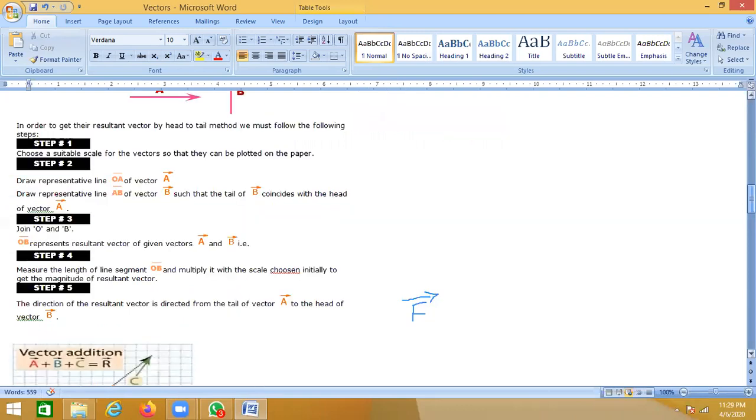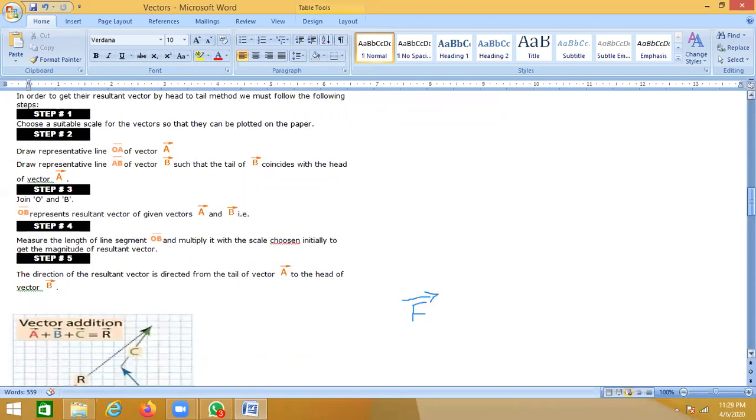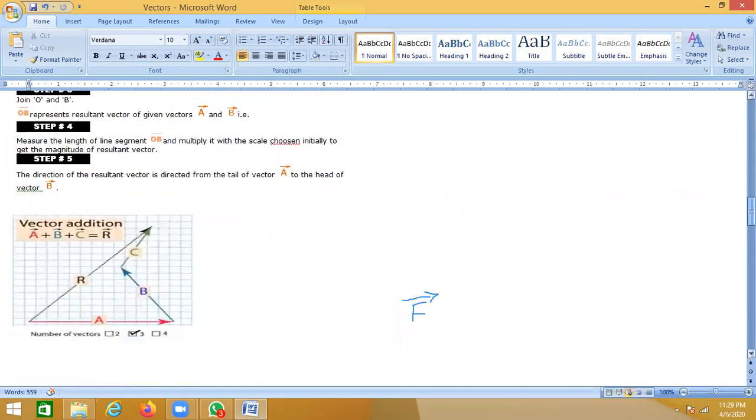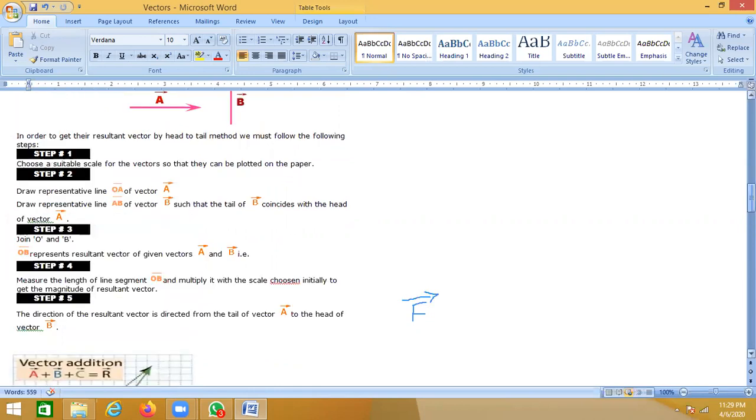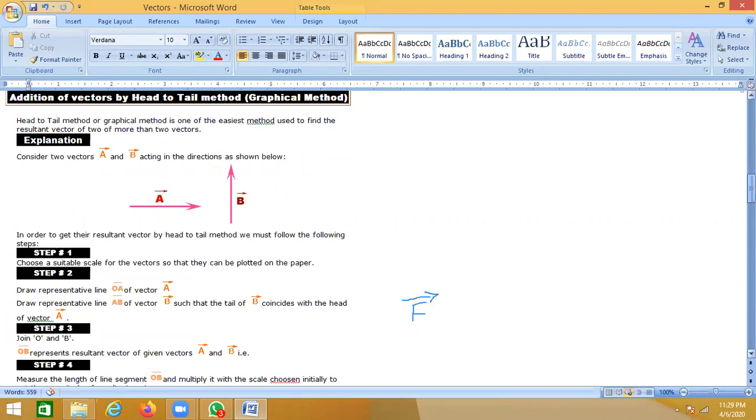So this can be done with the help of this diagram also. And further, basically what we do in this method, suppose there are two vectors here, right?